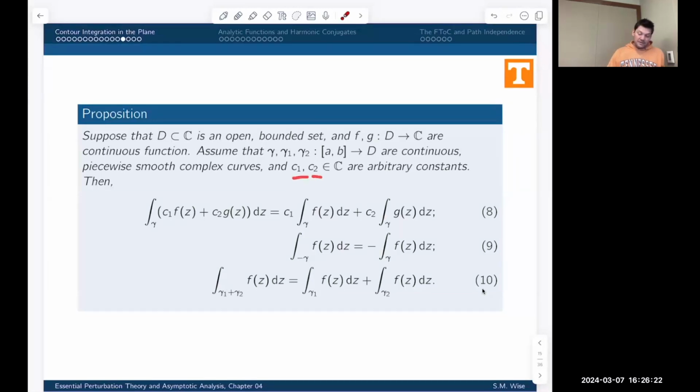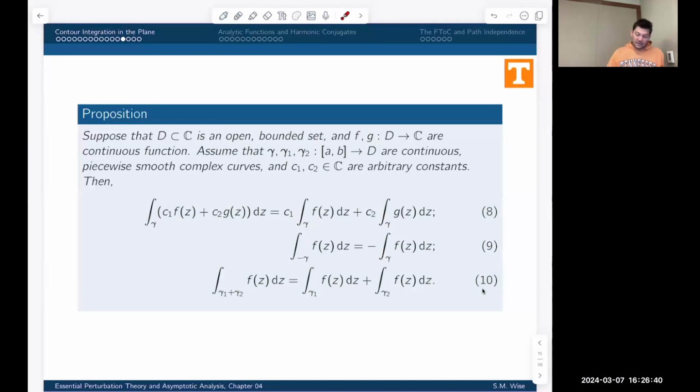Suppose that c1 and c2 are arbitrary constants, then we have this linearity property for the integral. The integral of c1 times f plus c2 times g is just c1 times the integral of f plus c2 times the integral of g.